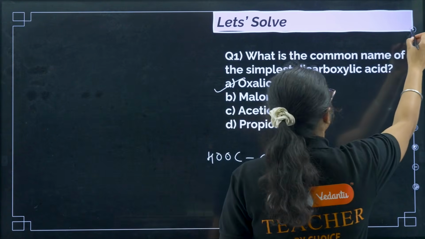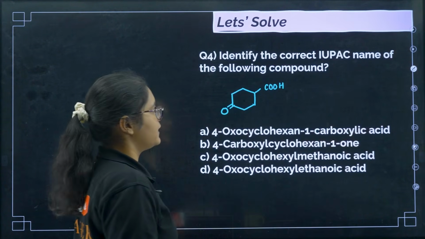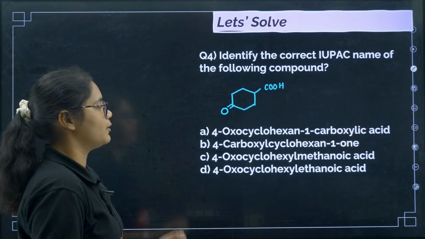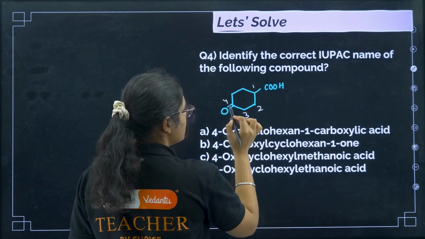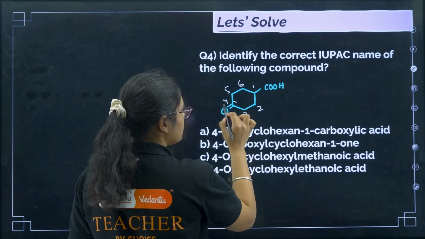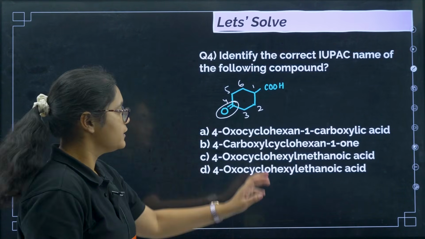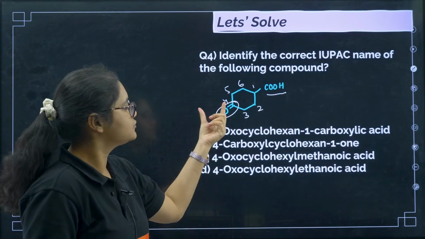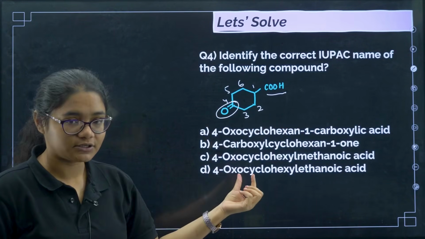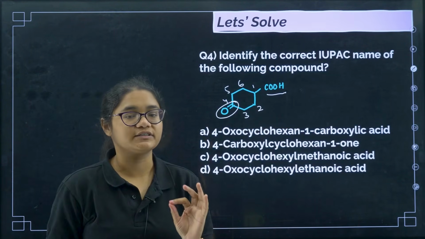Next, identify the correct IUPAC name of the following compound. Here this is 1, 2, 3 and 4. When the ketone group is used as a substituent, and this is the main functional group, the prefix that is used is oxo.